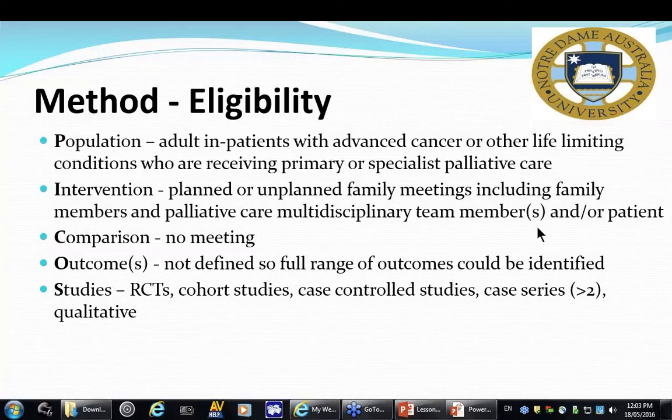The population that we were interested in was cancer survivors, so defined as people who've been diagnosed and completed active treatment for cancer with no evidence of residual disease.